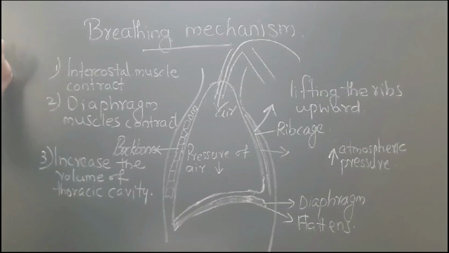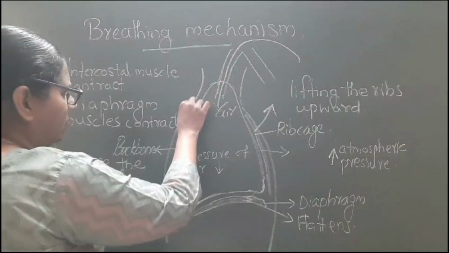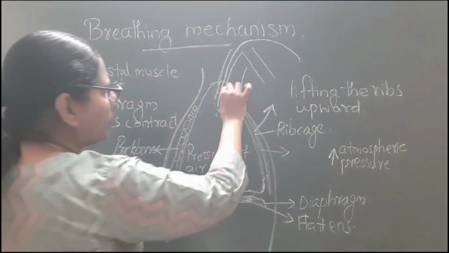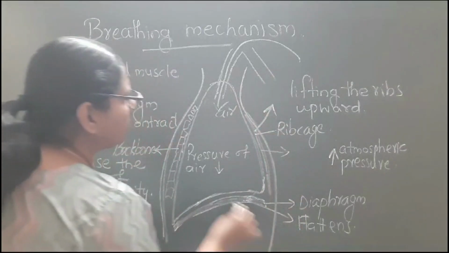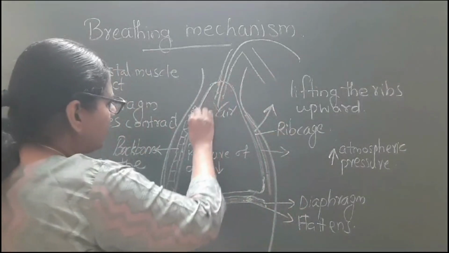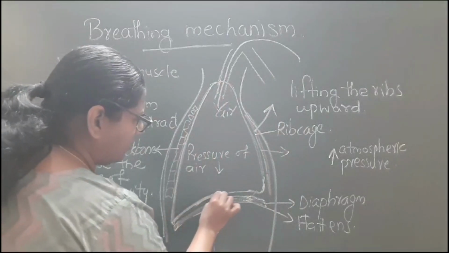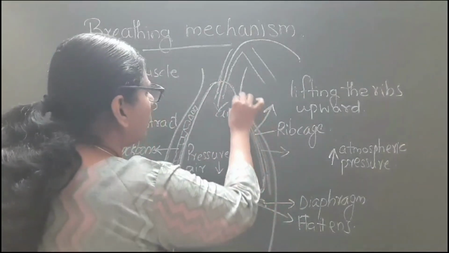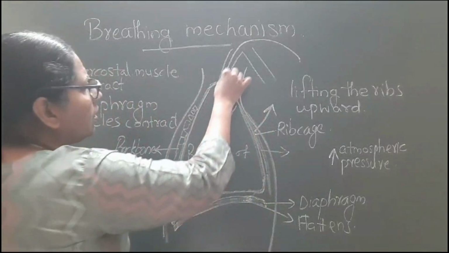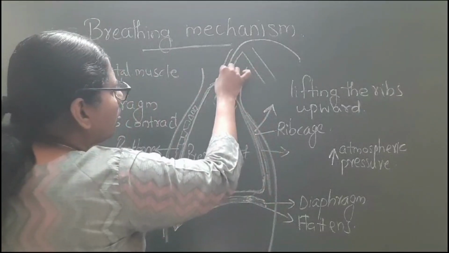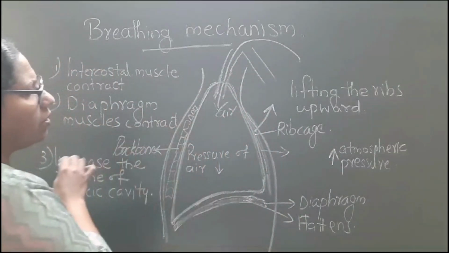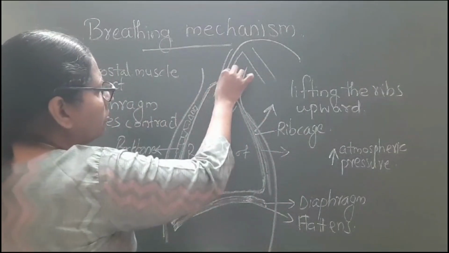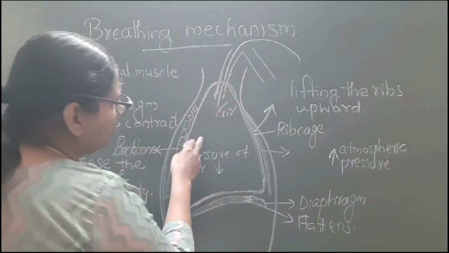Let's see the breathing mechanism. This is our lungs. Air from the trachea enters the bronchus, then the bronchioles.